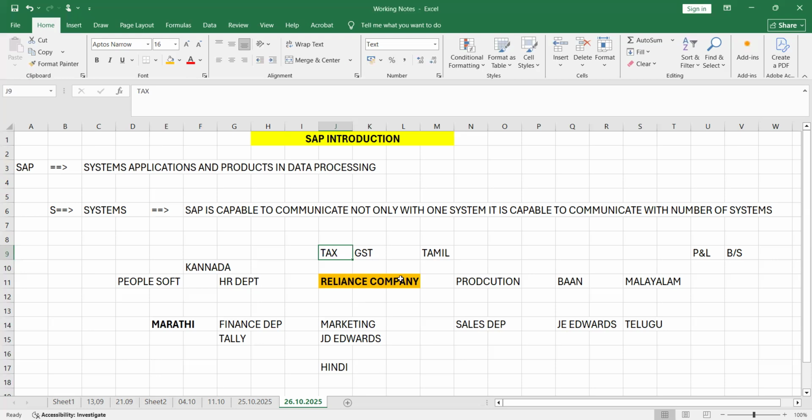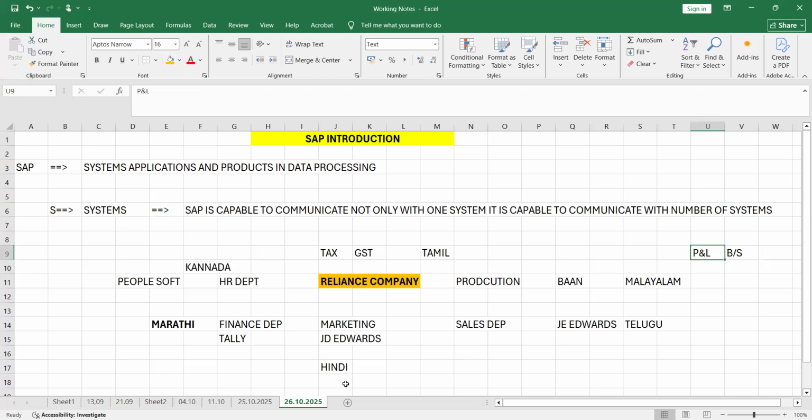Because of that, Reliance company, whatever amount they spent on different software, can check the data only for that particular department. If they want to check a common consolidated data, that will not be possible, because they are using different softwares.